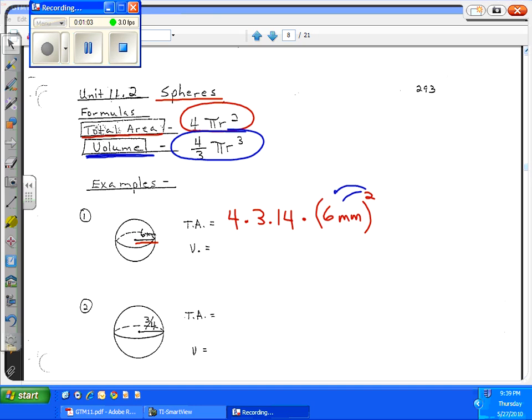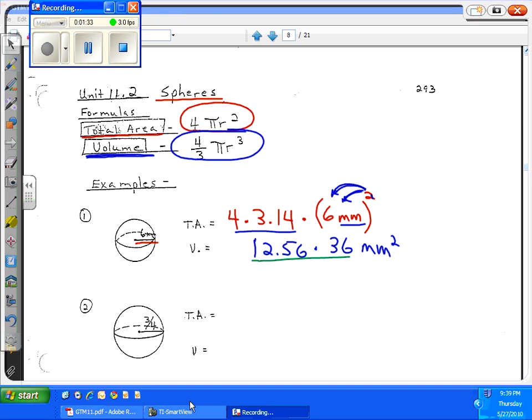We're going to distribute that exponent. And so we're going to have 4 times 3.14 is 12.56 times 6 squared, which is 36 millimeters squared. And then we multiply. You could have waited on that multiplication.